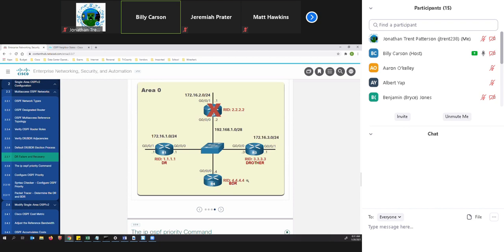Once you have a failure, that BDR steps up to the plate. Then the BDR becomes a DR, and then there's an election for the BDR. It's going to look at everybody and put that person in that position. If the DR fails, then that most recent BDR is elevated to the DR, and you do another election.